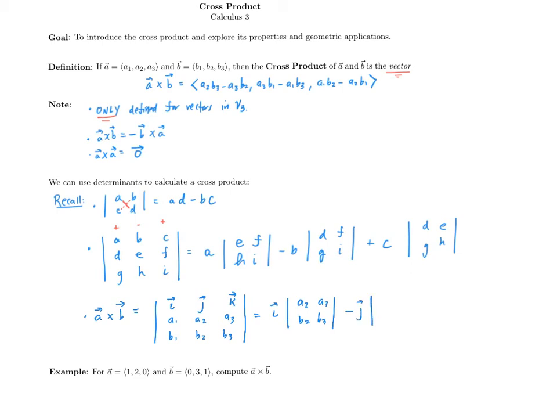So when we cross off that J row and column, we have A1, A3, B1, B3, plus K times A1, A2, B1, B2. And I find this to be the preferred method, as opposed to trying to memorize some formula that we might very easily mess up and not realize.